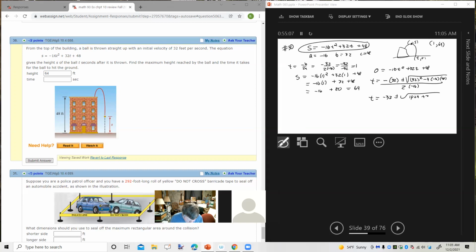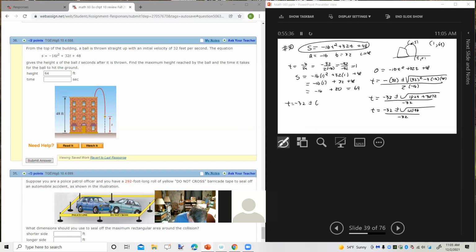So that's plus 3072 all over negative 32. T equals negative 32 plus or minus the square root. Let's see, 3072 plus 1024 is 4096 all over negative 32. And let's see if that's a perfect square.